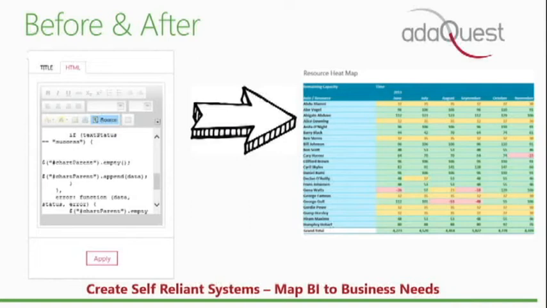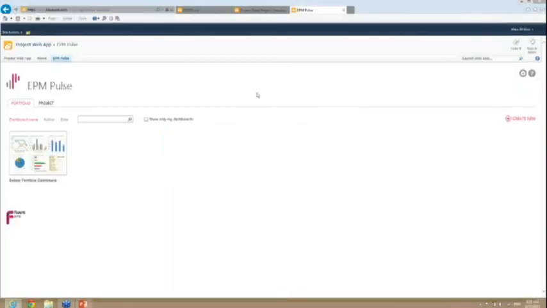So what I'd like to do now is to jump in and provide a demo of how to create a customized widget based on an existing widget in the system.